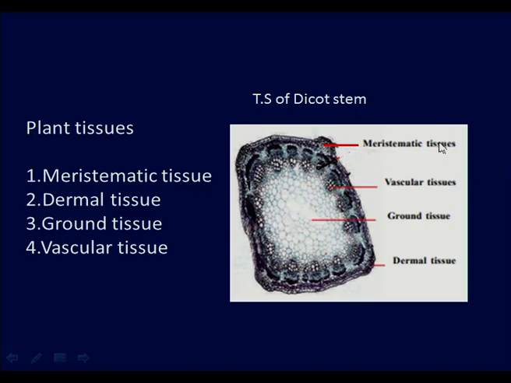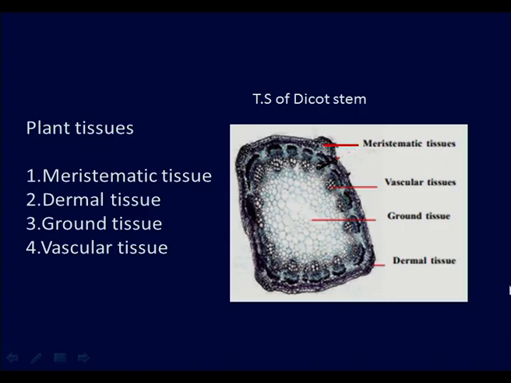Meristematic tissue is seen in the regions of growth. Dermal tissue is seen as the outer layer of the plant body, and ground tissue forms the major part of the plant body and gives mechanical support to the plant body, and vascular tissue helps in the transport of food and water.